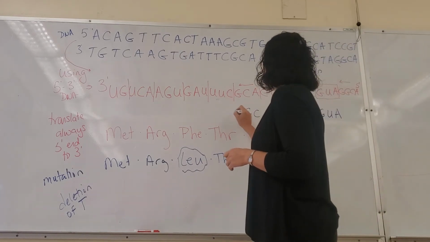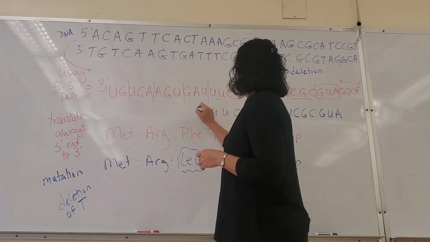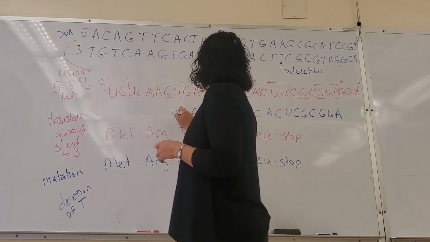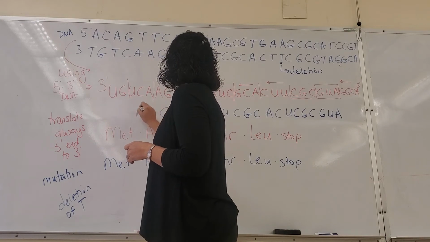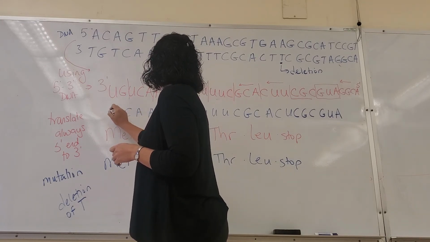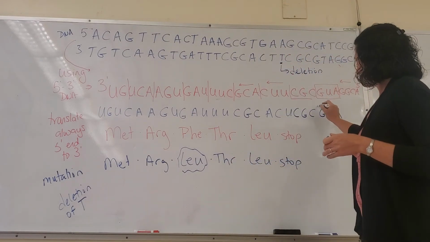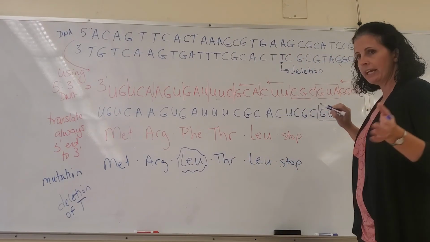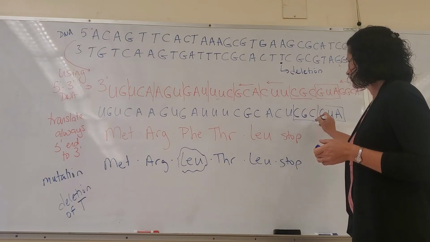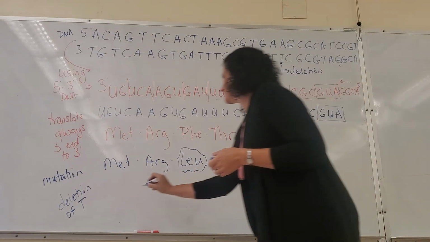AC, because now we have deleted that one. So now whenever we do our groups of 3, we still have our AUG. We still have arginine there that's the same.